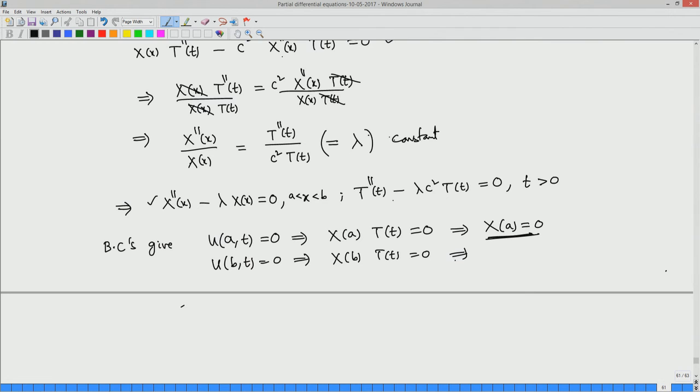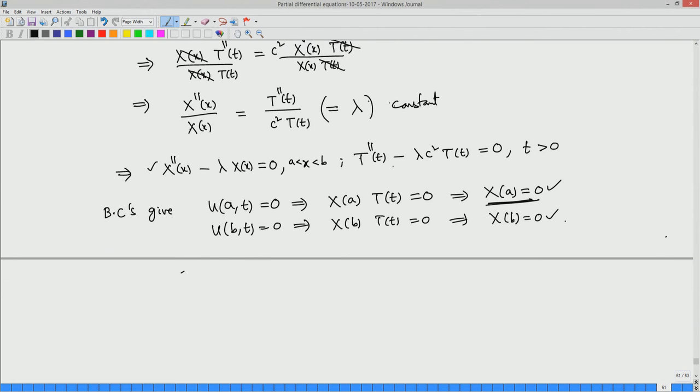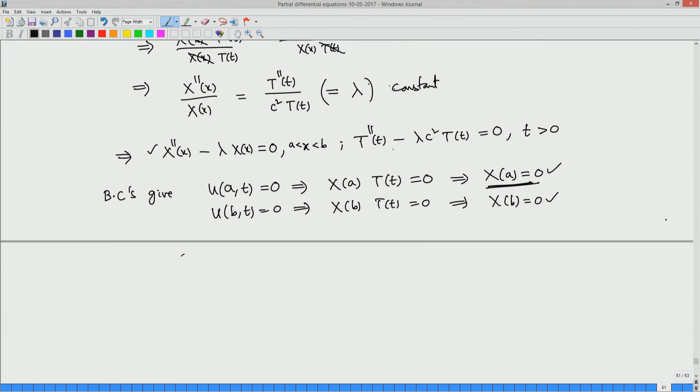Because T(t) cannot be 0, that is X(b) equal to 0. So, this is your boundary data. If you apply the boundary conditions, they give you that X(a) equal to 0, X(b) equal to 0. This is the Sturm-Liouville problem.